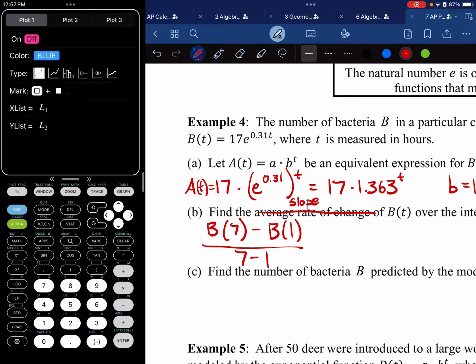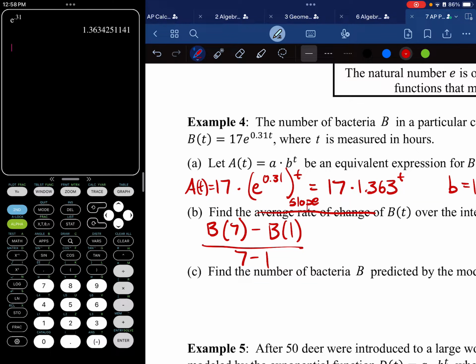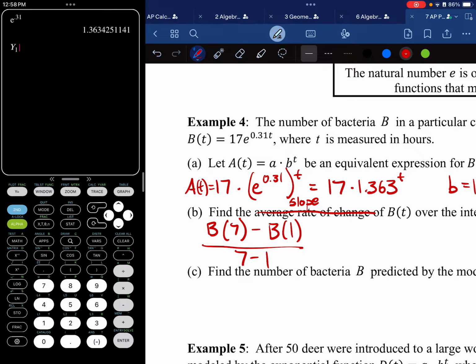So I'm going to go to my y equals button. Let's clear out of that. I'm going to type in 17 and then e, which is second ln, e to the power of 0.31, and then I have to enter in an x. Okay, so I have my function entered. So if I hit second mode to quit out of this, I can now do b of 7 by doing alpha trace, y1, and then start your parentheses of 7.